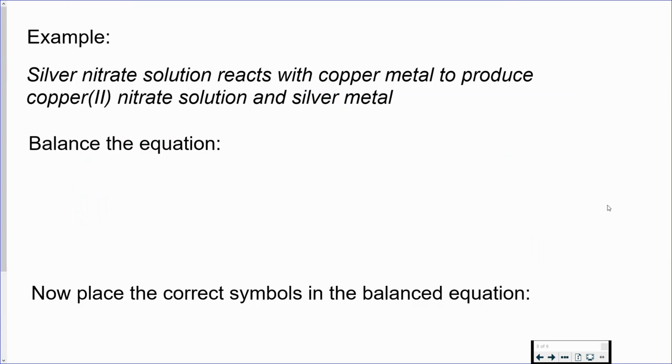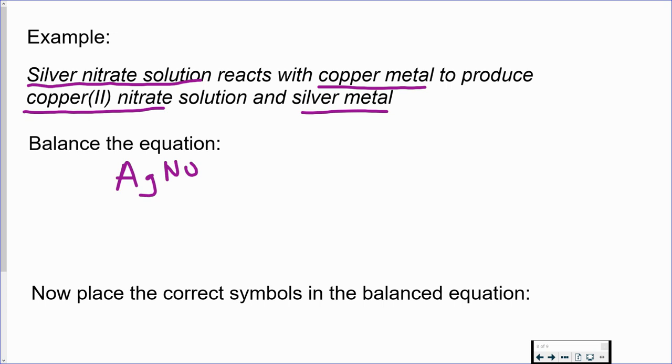So here's an example. What I might do if I were you is underline the things as a whole. So silver nitrate solution is one thing. It's going to react with copper metal. It's going to produce copper 2 nitrate plus silver metal. So how I'm going to write it, I'm going to write AgNO3, which is silver nitrate.